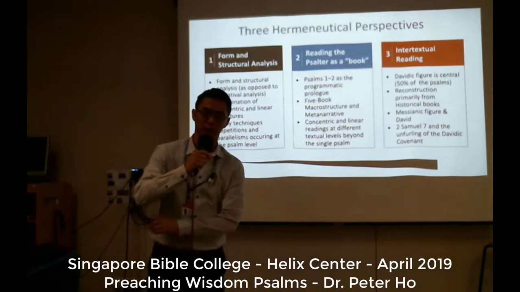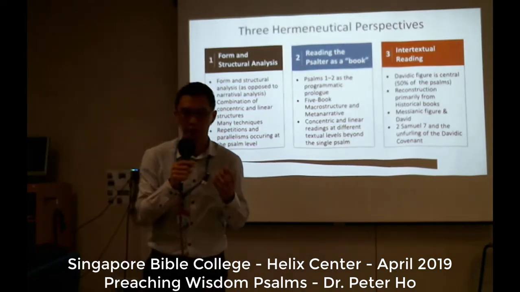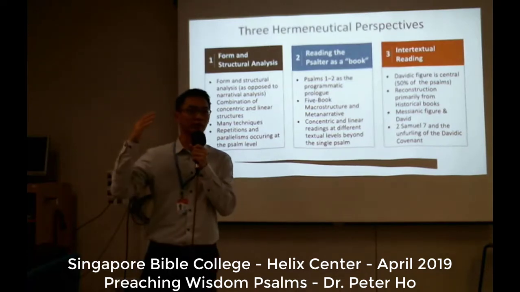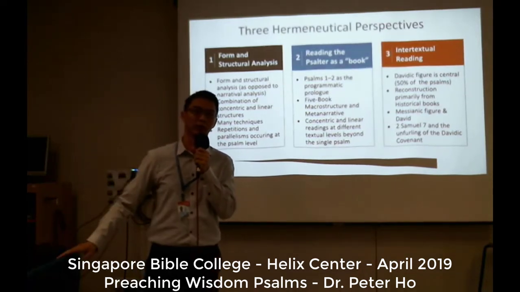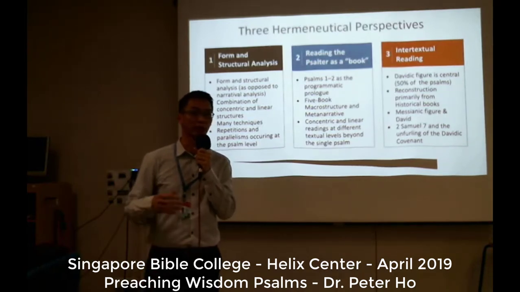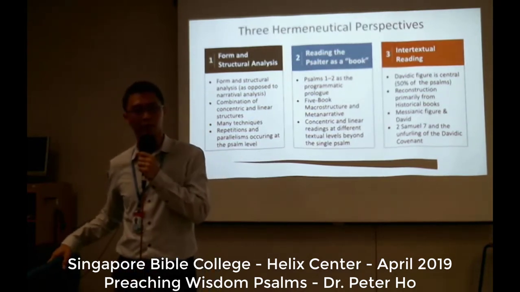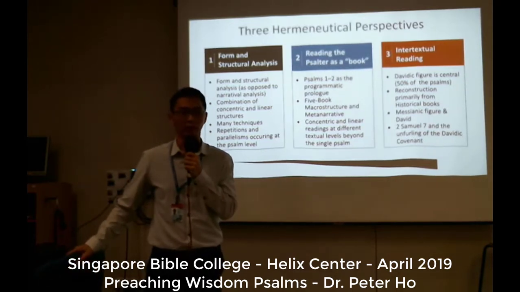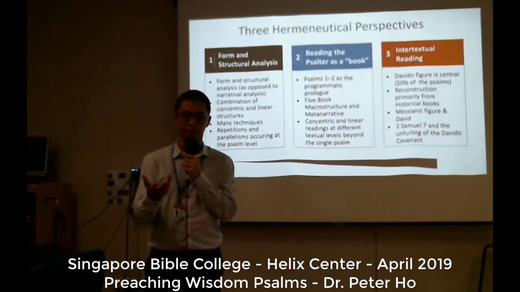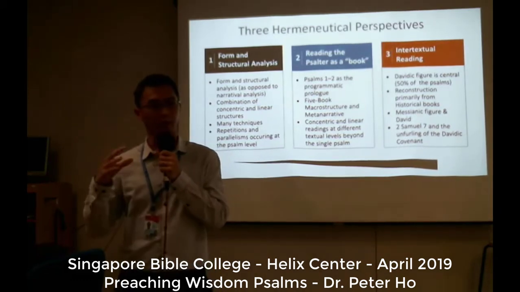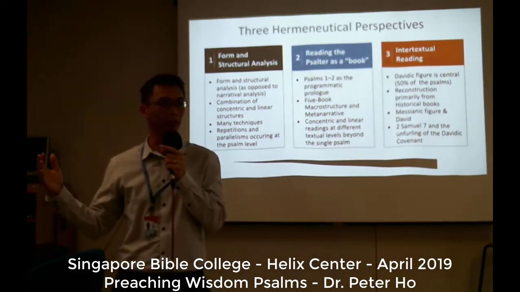Yes, that's a very good question, because traditionally our interpretation of Messianic Psalms is that they are the few Psalms that we see in the New Testament. But the problem is, how then do we deal with the rest of the Psalms that do not seem to suggest any Messianic idea? One of the things that I see is the Davidic covenant tying the entire book together.